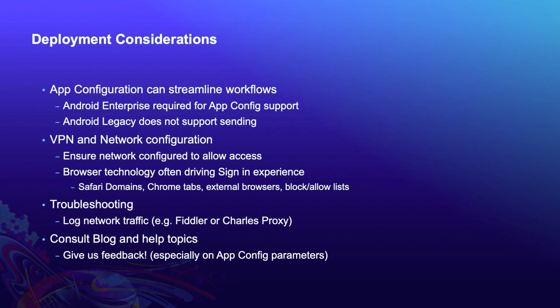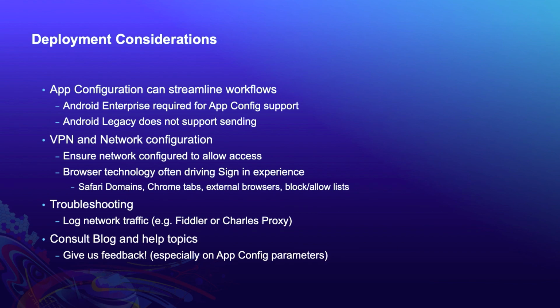For VPN and network configuration, make sure you're working with your IT department to ensure that our application has access to your internal resources as needed. And remember that in certain cases, for some of the applications, we use underlying browser technology, like you saw with Joel using the Safari View Controller, Chrome tabs, sometimes external browsers.